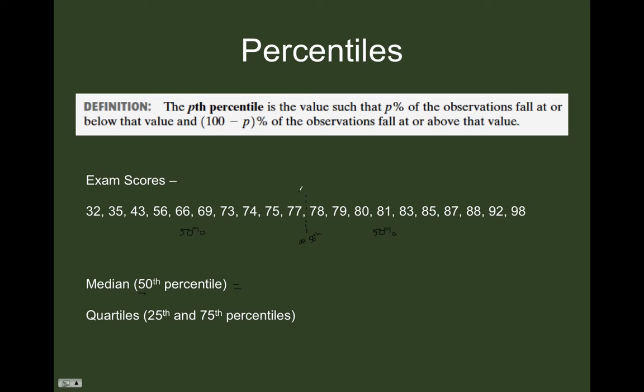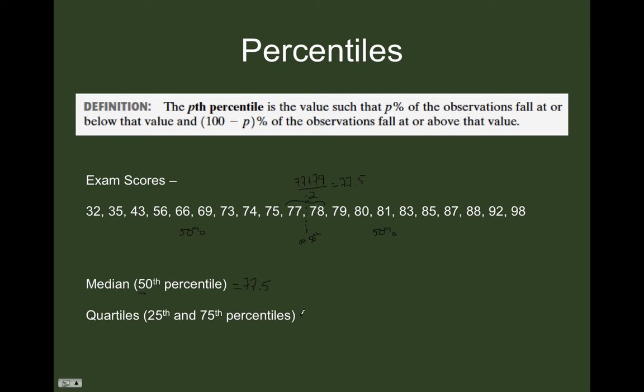So I'll take 77 and 78, and average them in the sense of the mean. 77 plus 78 divided by 2 is 77.5. So the median here, or the 50th percentile, is 77.5. And notice that a percentile doesn't necessarily have to be a data value within the data set.